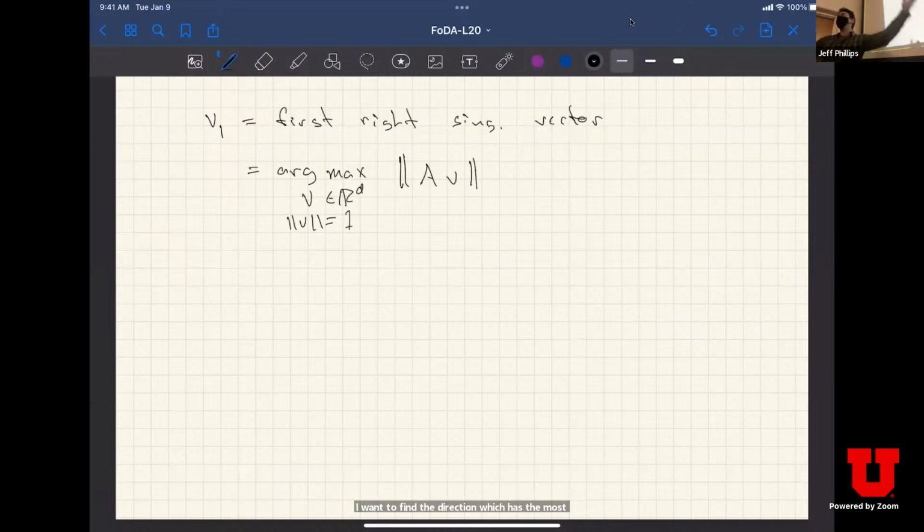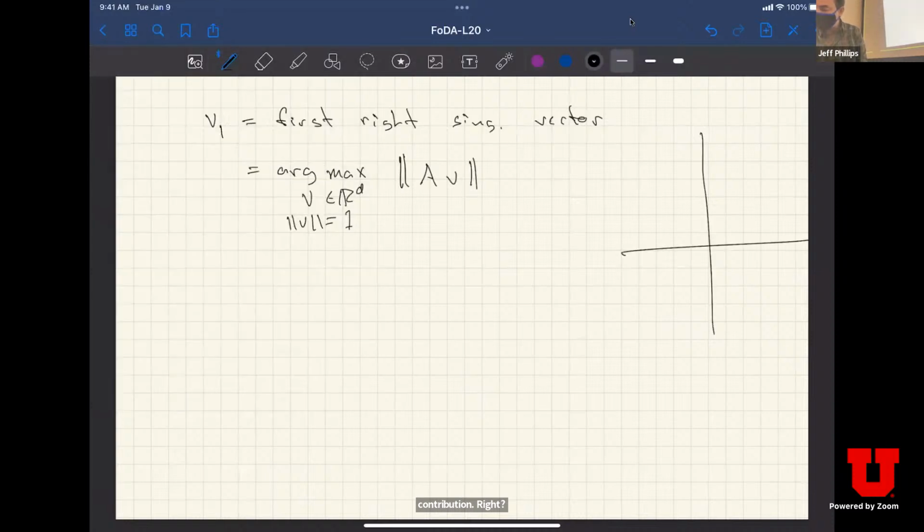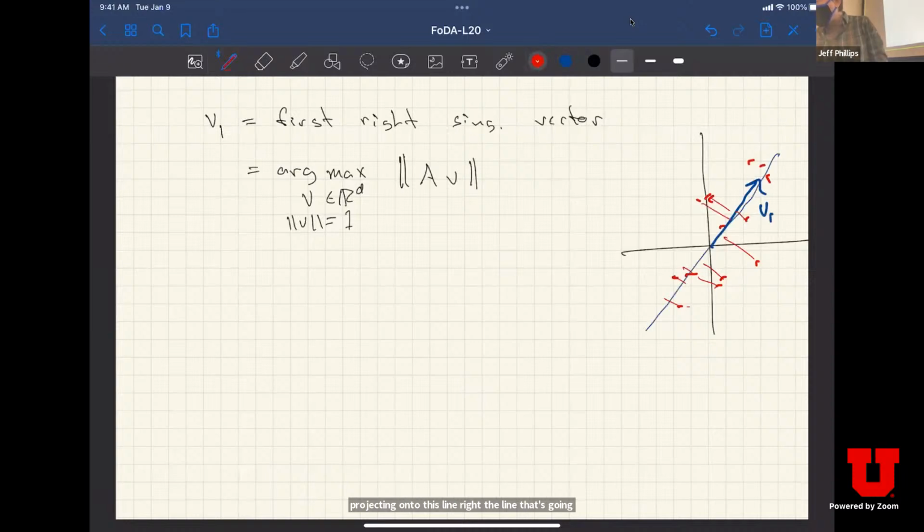If I multiply all the data points in A and add up their contribution, remember, I could think of A as a bunch of points. And I want to find a unit direction, V_1, such that when I take the dot product of these points, I'm projecting onto this line, the line that's going through here, and adding up the sum of their squares.